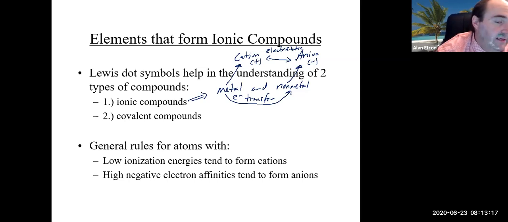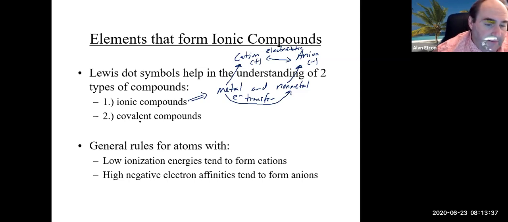The positive and negative attraction is what holds that together. So as we'll talk about here, there's absolutely no sharing of electrons in an ionic compound, and that's really important. And that's the major difference between that and a covalent compound, or sometimes referred to as a molecular compound.